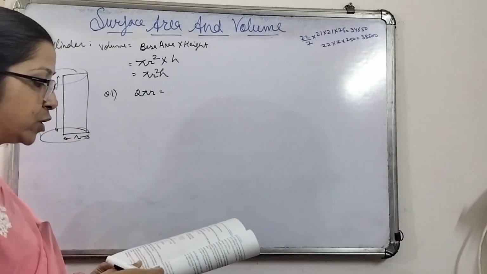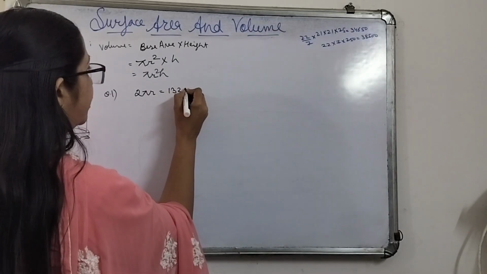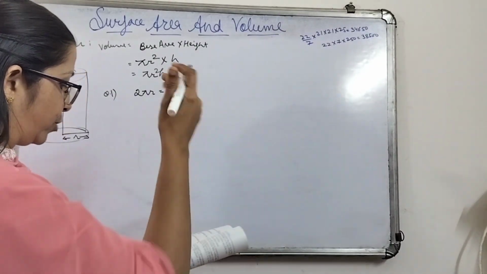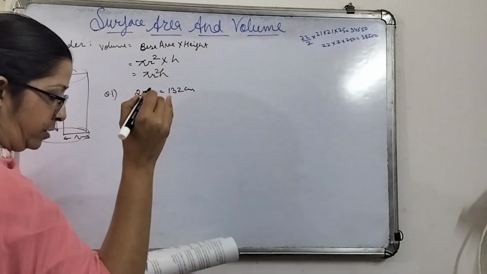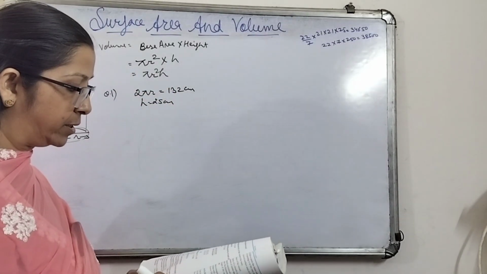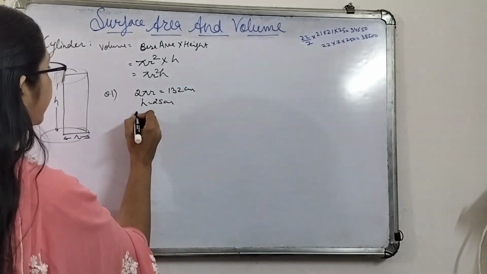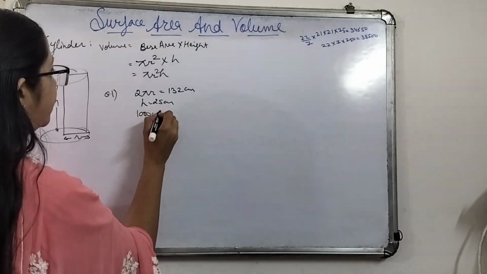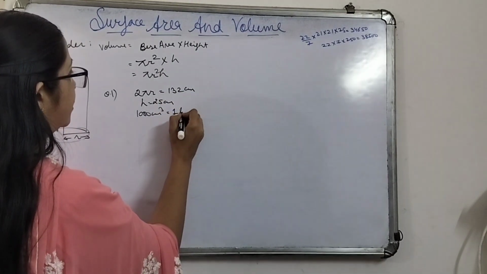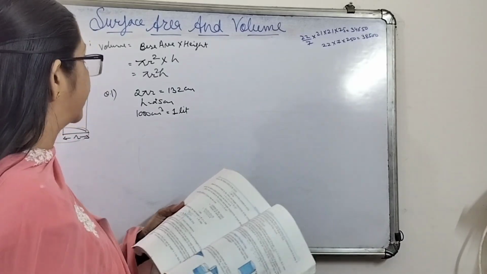And its height is 25 centimeter. How many liters of water can it hold if 1000 centimeter cube is equivalent to 1 liter? So what is the capacity, or the volume, of the cylindrical vessel?